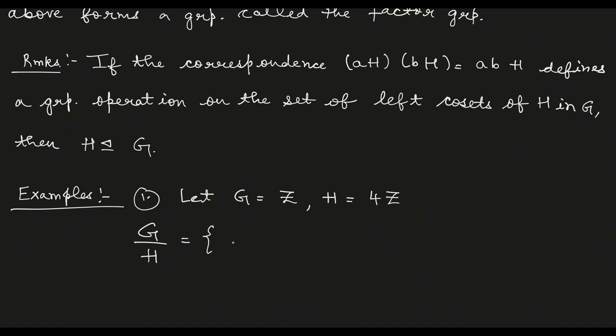It will be 0, 1, 2, 3. It will be like this: 4Z, then 1 plus 4Z, 2 plus 4Z and 3 plus 4Z. When I write 4 plus 4Z, it will get automatically absorbed in 4Z. If I write 5 plus 4Z, it will get absorbed in this 1 plus 4Z.